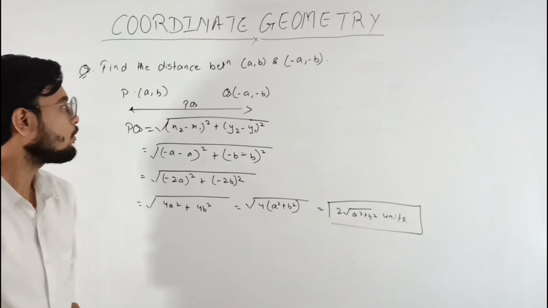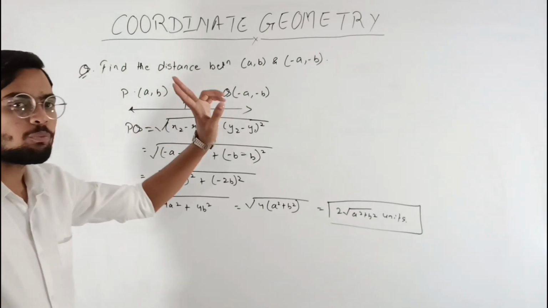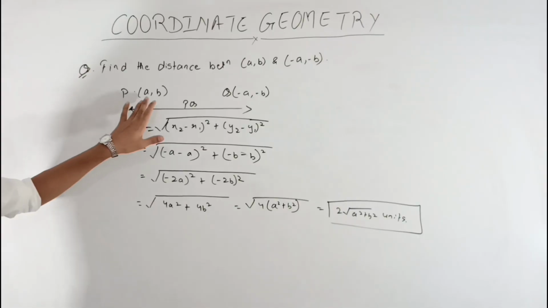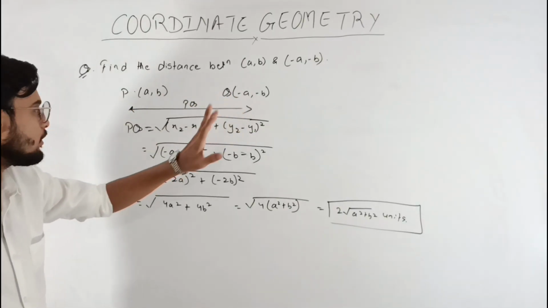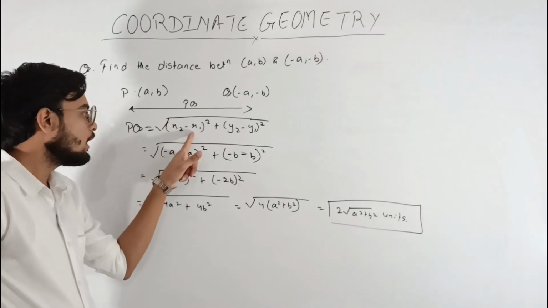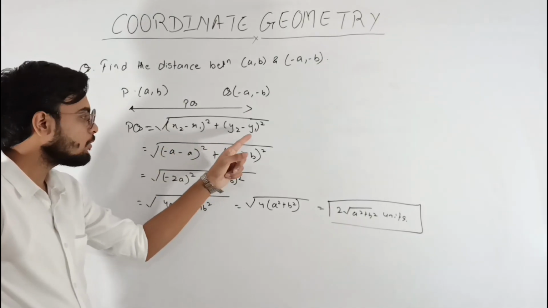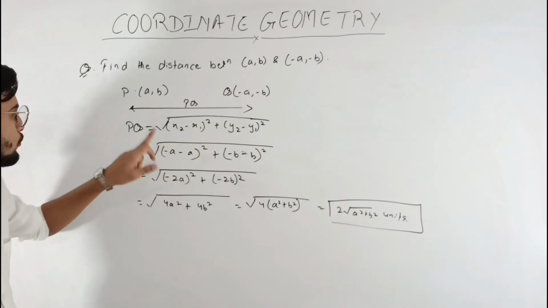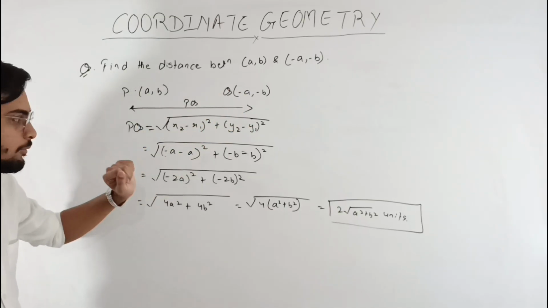Let's see one more time. We have a question: find the distance between 2 points (a, b) and (minus a, minus b). So look here, this is point P which is (a, b) and this is Q which is (minus a, minus b). We have to find this distance PQ. I use the distance formula, root of (x2 minus x1) square plus (y2 minus y1) square. Now look here, x2 is minus a, x1 is a, so I write minus a minus a.